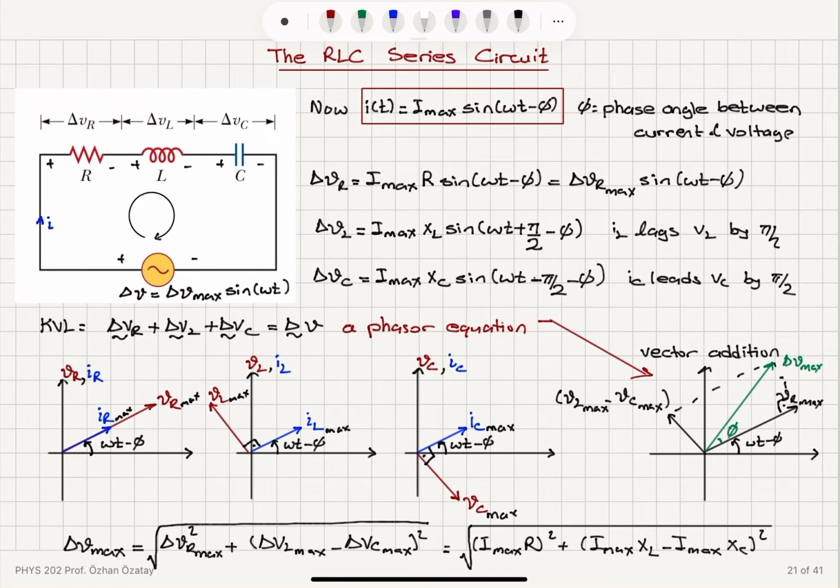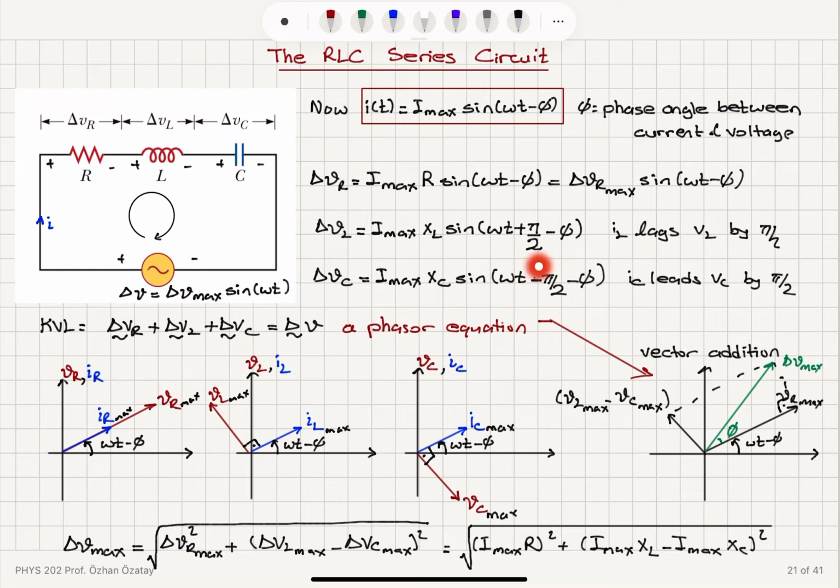When I look at the inductor, since the current flowing through the resistor, inductor, and capacitor will be the same, the IL stays the same, I max sine omega t minus phi, but for delta VL, I have to multiply I max with XL to get delta V max.